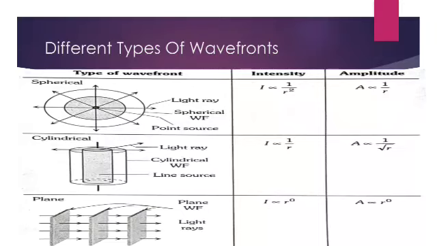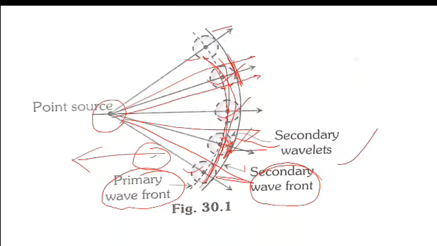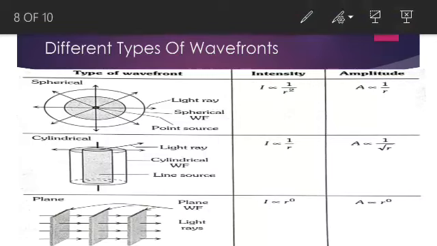First of all, in column number 1 we see types of wavefront, in the next column intensity of light, and in the third column the amplitude of light. In the first row we see that the nature of the wavefront is spherical. This is the spherical wavefront.